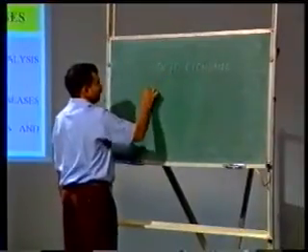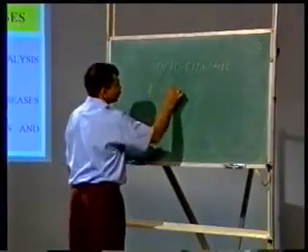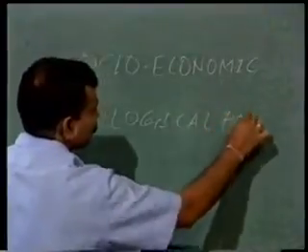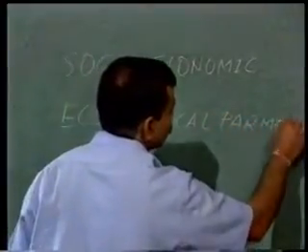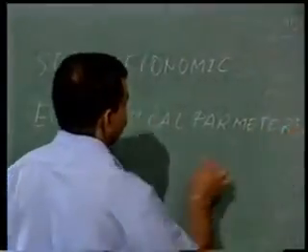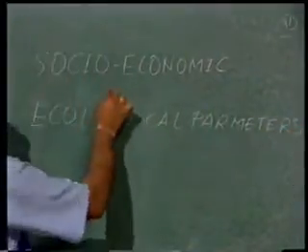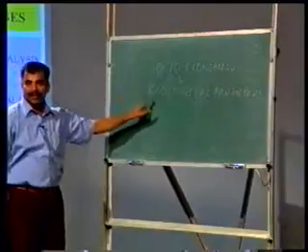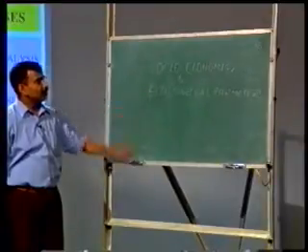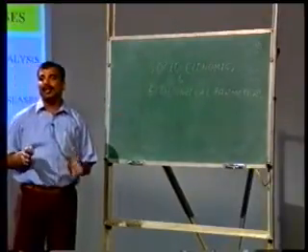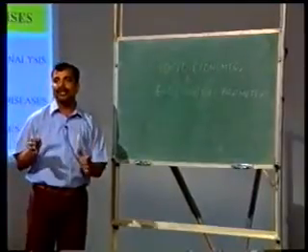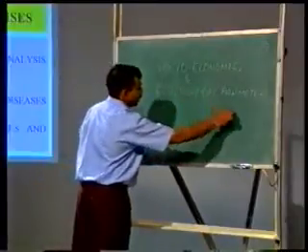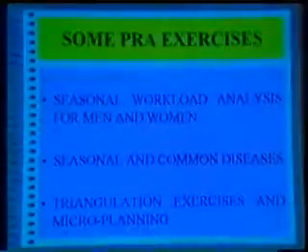We conduct these exercises on different socio-economic and ecological parameters, and later on we can develop an integrated plan which is known as the micro plan for the whole village, in which we can have a total picture of the village and each and every household.